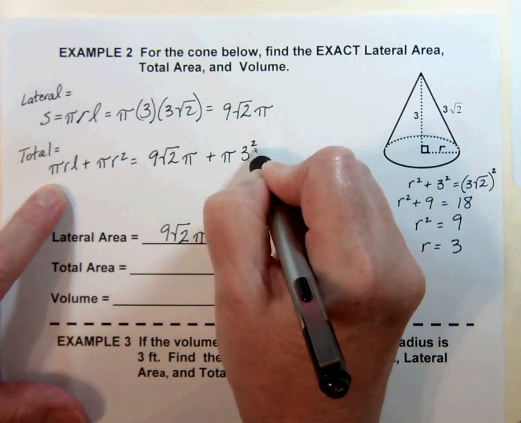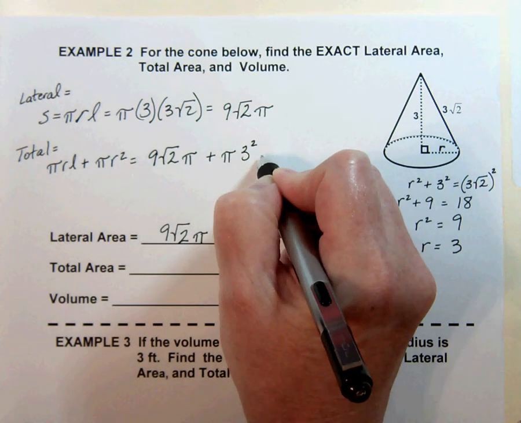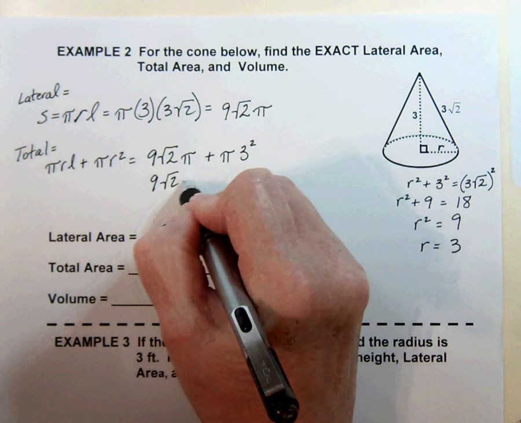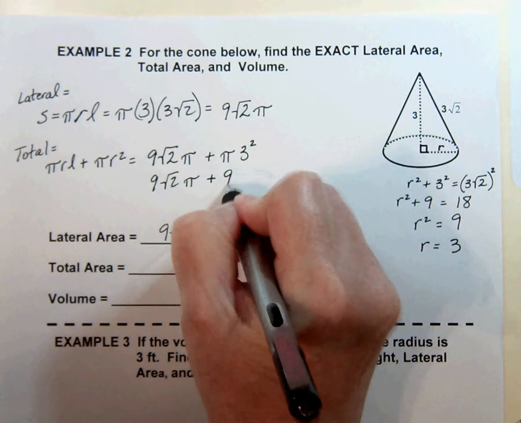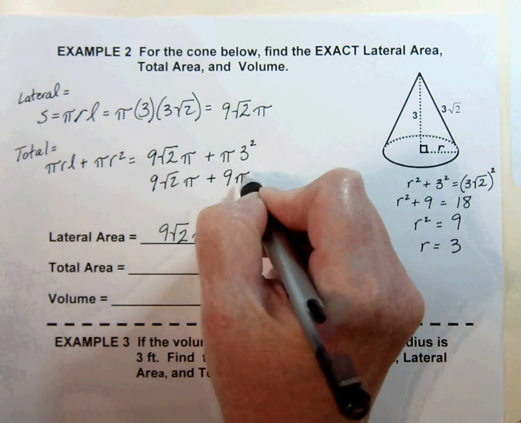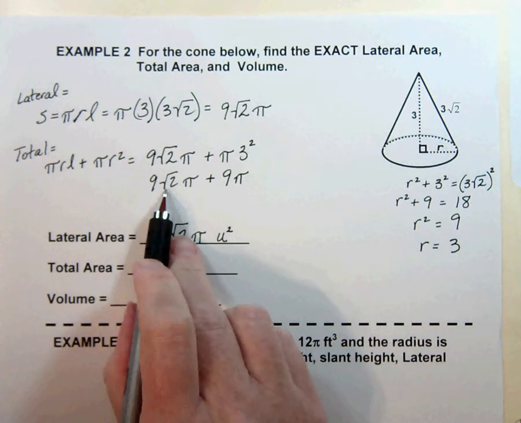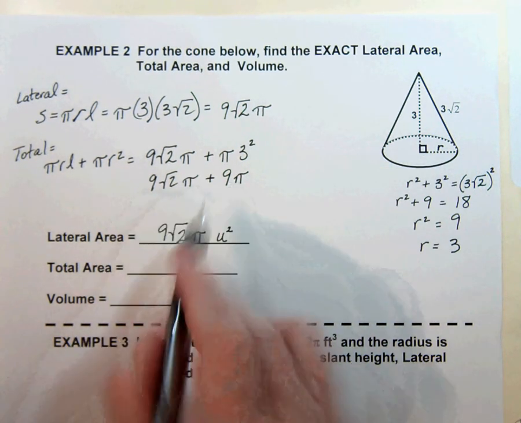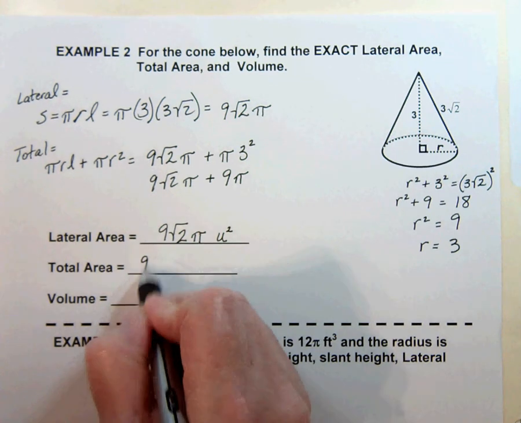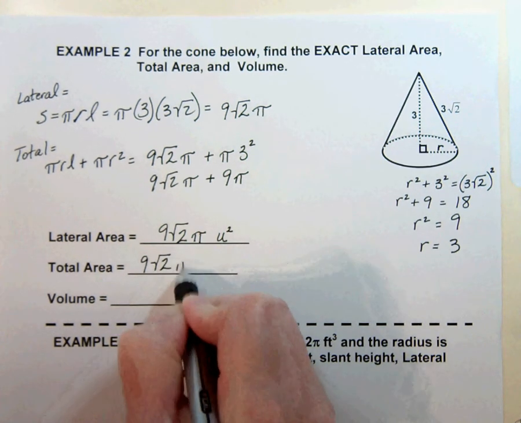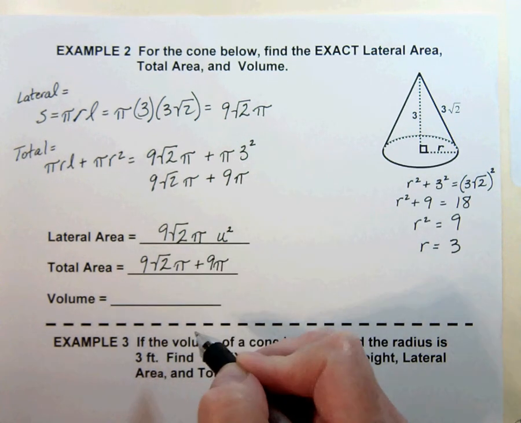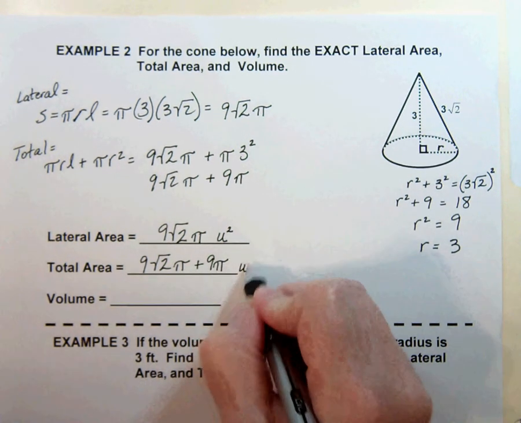When you square 3, you get 9. Now the answer on this one is going to remain 9 times the square root of 2 pi plus 9 pi, because you cannot combine 9 times the square root of 2 with 9. They're unlike terms, one being the radical term, so you'll leave it in exact form. It'll look like that. And that is square units.